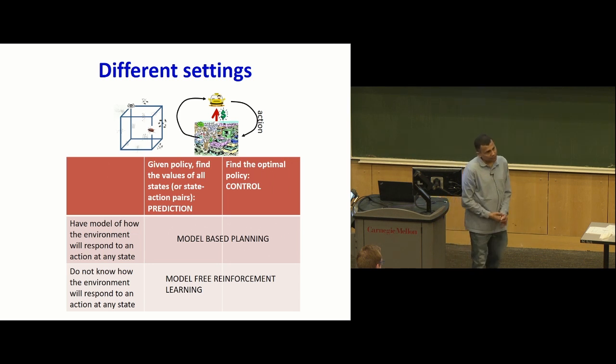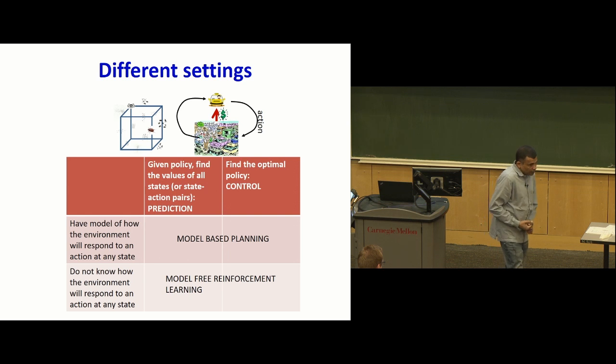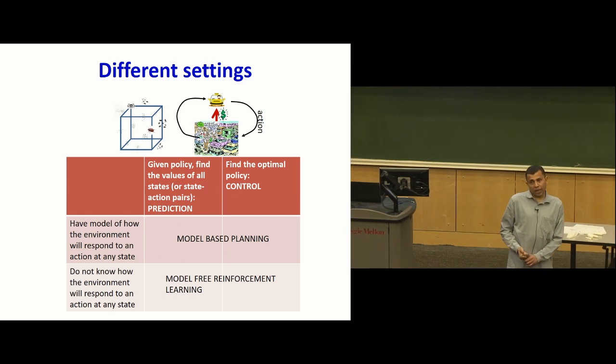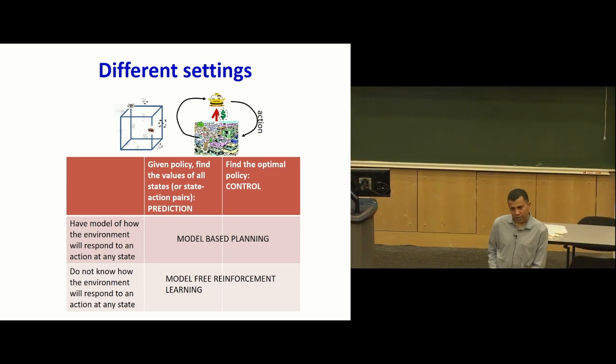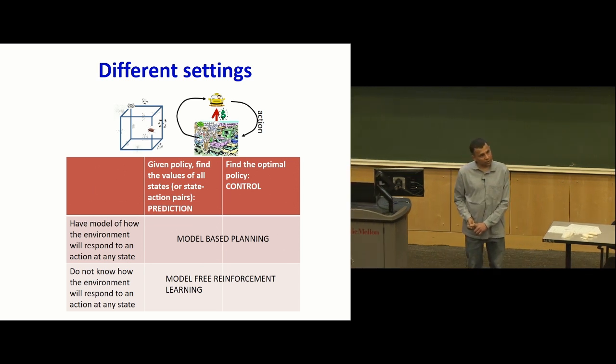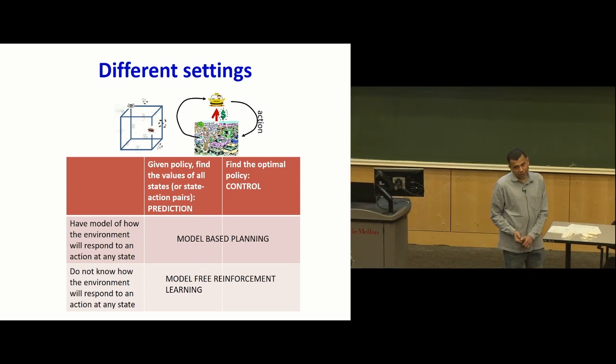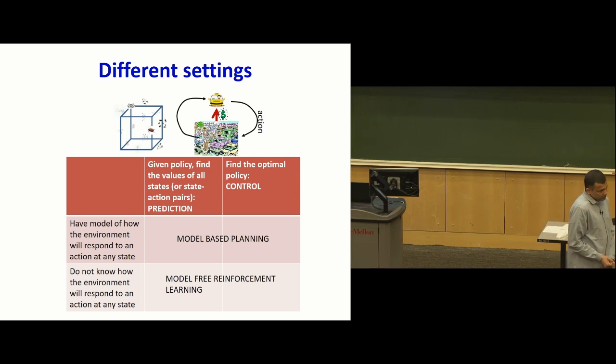There were different settings. We have two different problems. If you're given a policy, how do you find the values of all the states or all the state action pairs? This we call prediction. Then how do you find the optimal policy? We call this control. Now this could be done under two different settings.